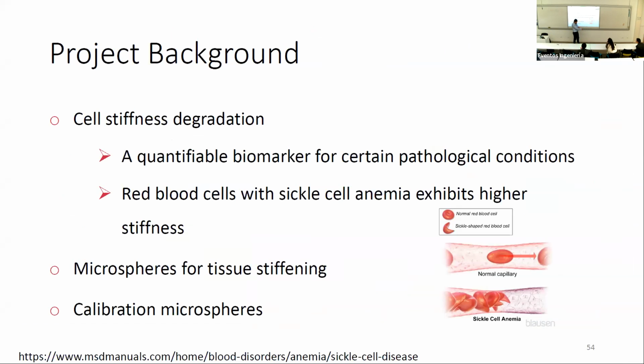Malaria will stiffen the outer part of the red blood cell in a way that can be measured. So by having this technology, you can grip a cell, deform it, study its deformation characteristics, and from there you would know whether it is a healthy or a sick cell.